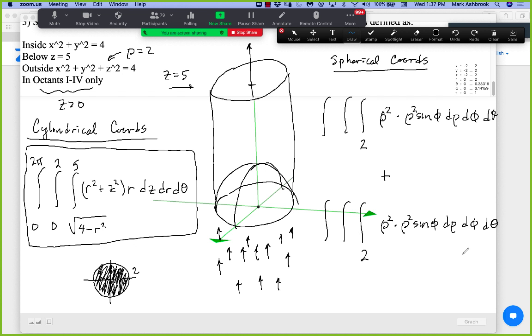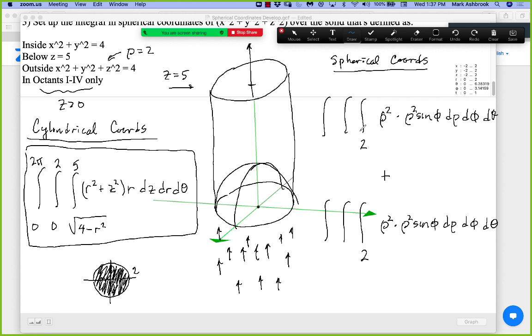So sometimes it exits out z equals 5, but the problem with that is 5 is not a rho. We need what rho is for z equals 5, and we need what rho is for r equals 2.